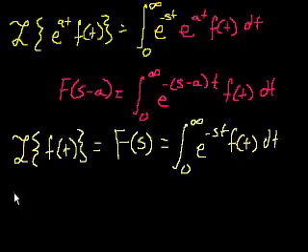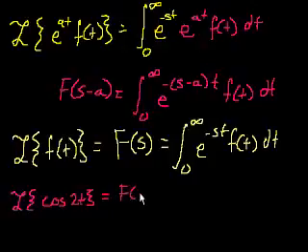Let's just take the Laplace transform of cosine of 2t. We've shown it is equal to some function of s, and that function of s is s over s squared plus 4. We've shown that already.